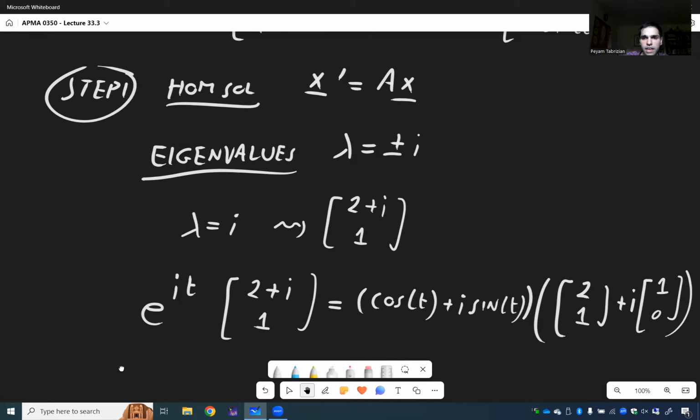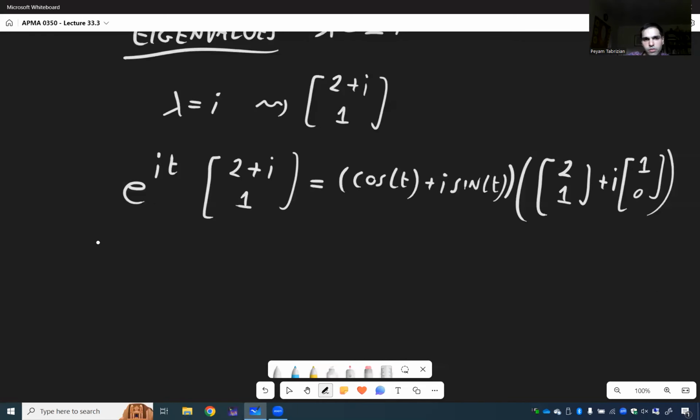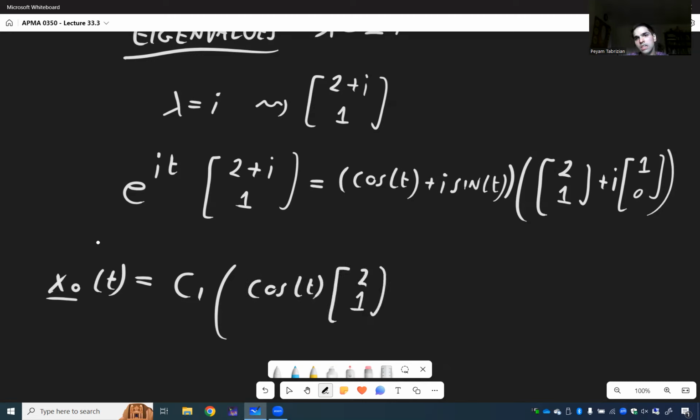FOIL it out. And eventually what you get, so we can go directly here, x0 of t is c1 times the real part. So in this case, cosine of t times [2, 1]. And then i times i, it's minus. So minus sine of t times [1, 0].